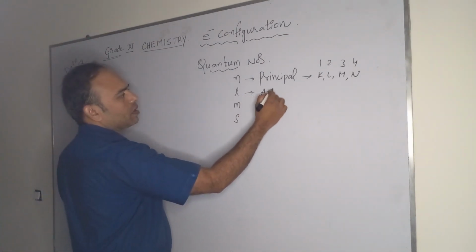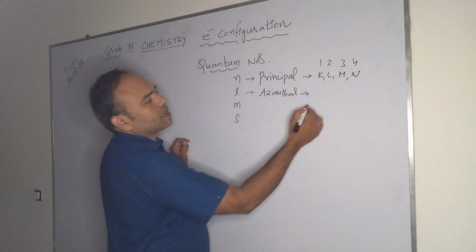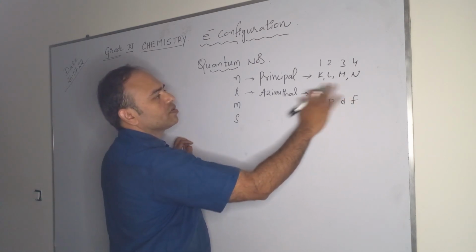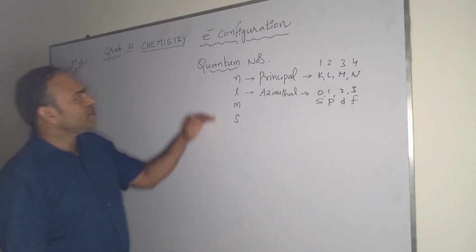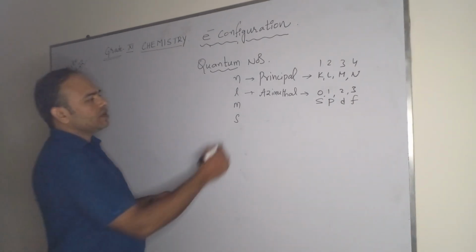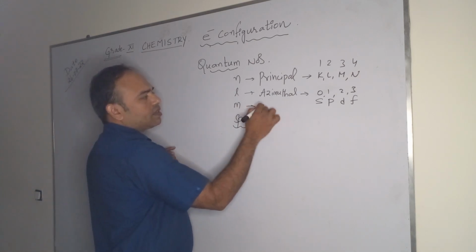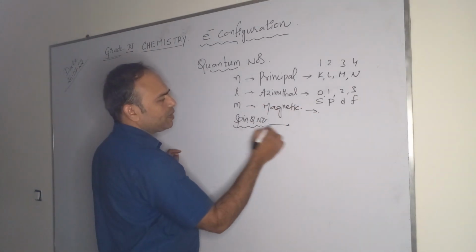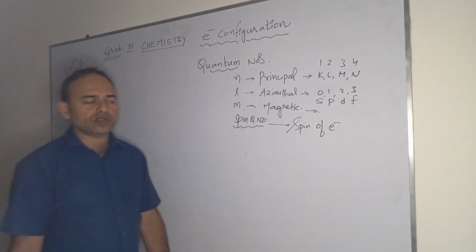Second one is called azimuthal quantum number, where you are talking about subshells, that is s, p, d, f subshells, and you know the values also: 0, 1, 2 and 3. In another class we will have a lecture on quantum numbers. Now I just wanted to concentrate on the spin quantum number. This is the magnetic quantum number, and the last one is the spin quantum number, which indicates the spin of electrons.